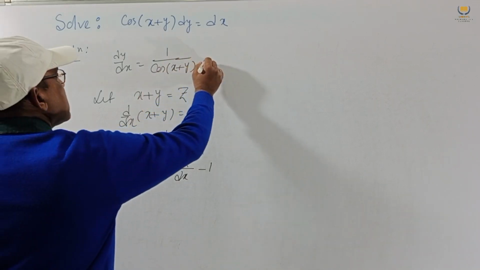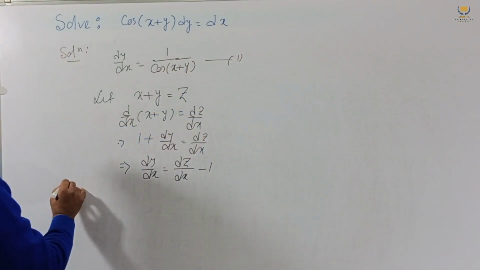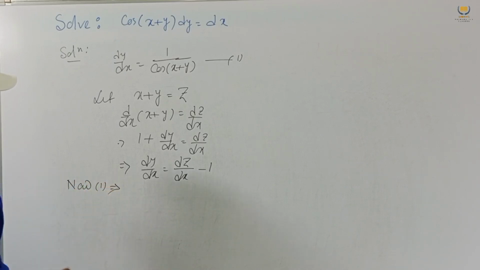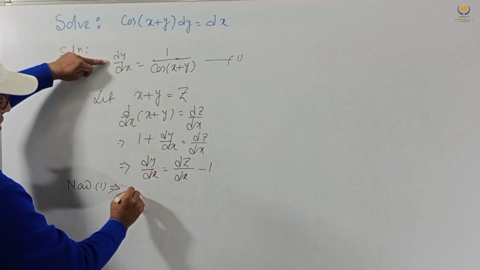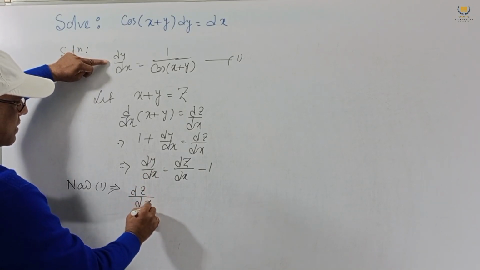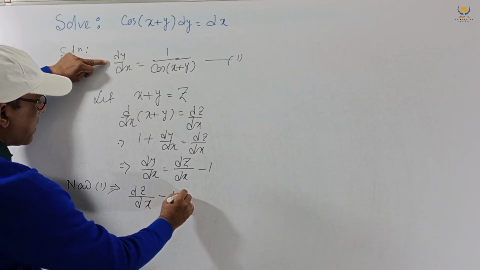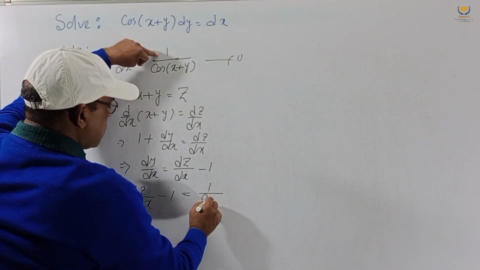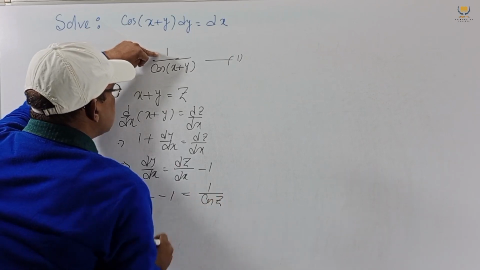Now this is number 1 we consider. Now 1 implies, putting the value in 1, dy/dx, we get dz/dx minus 1, and this is 1 by cos z.